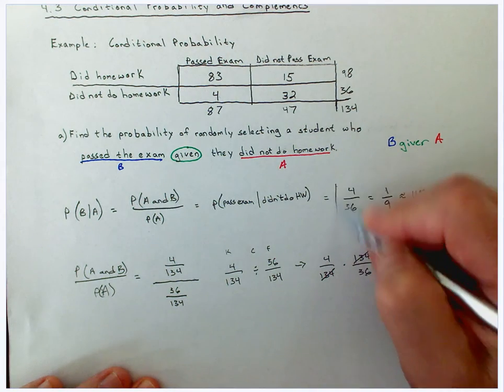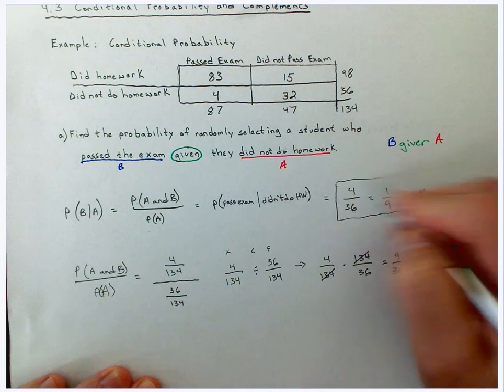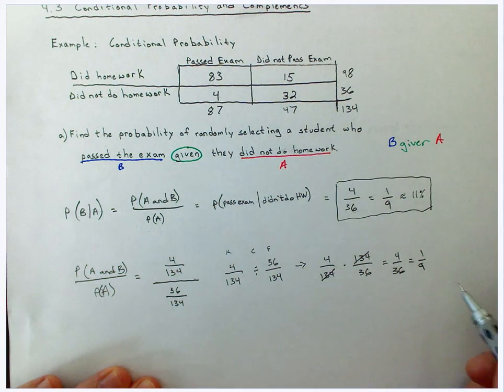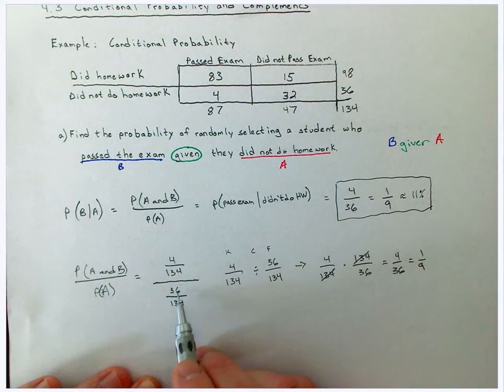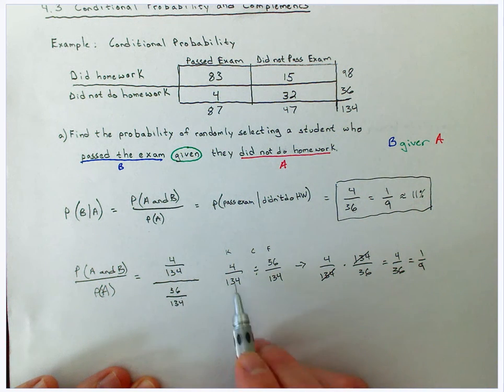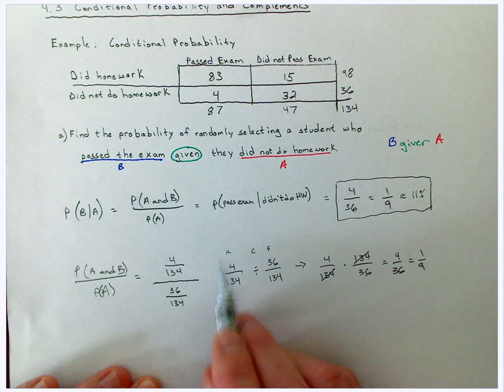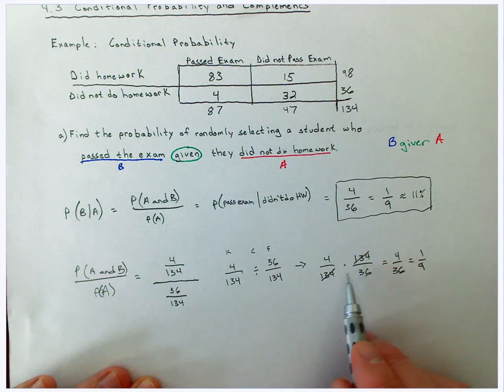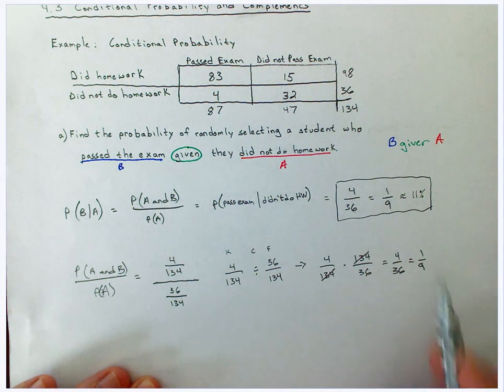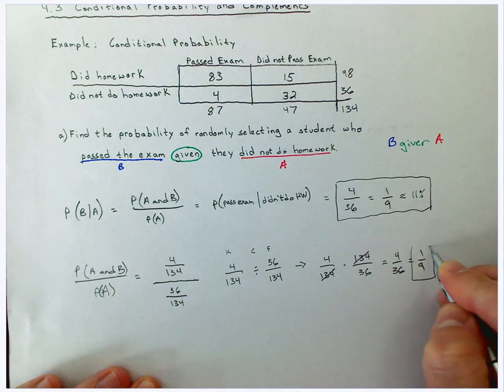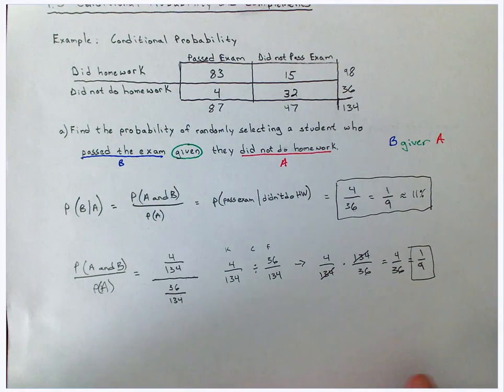Place my values over each other. If you are not comfortable with that or cannot see that, then you can work it out as long as you're comfortable with a fraction divided by a fraction. If need be, rewrite it like this. Perform the operation, multiply by the reciprocal, cross cancel, simplify, same answer. Same answer.